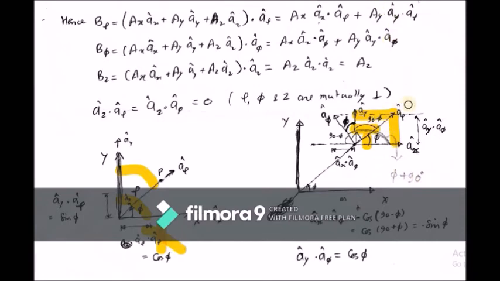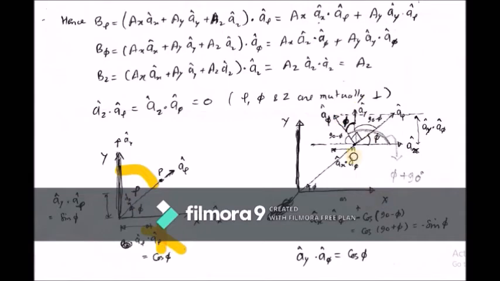Now I am removing these highlighters. So this angle is 90 minus phi, and this angle is 90 degree because this is the direction of a rho and this is the direction of a phi. So this angle is 90 degree and this angle is 90 minus phi, so this angle is phi, and since this is phi, this is also 90 minus phi because this angle is 90 degree. Okay, so all the angles are written or calculated.